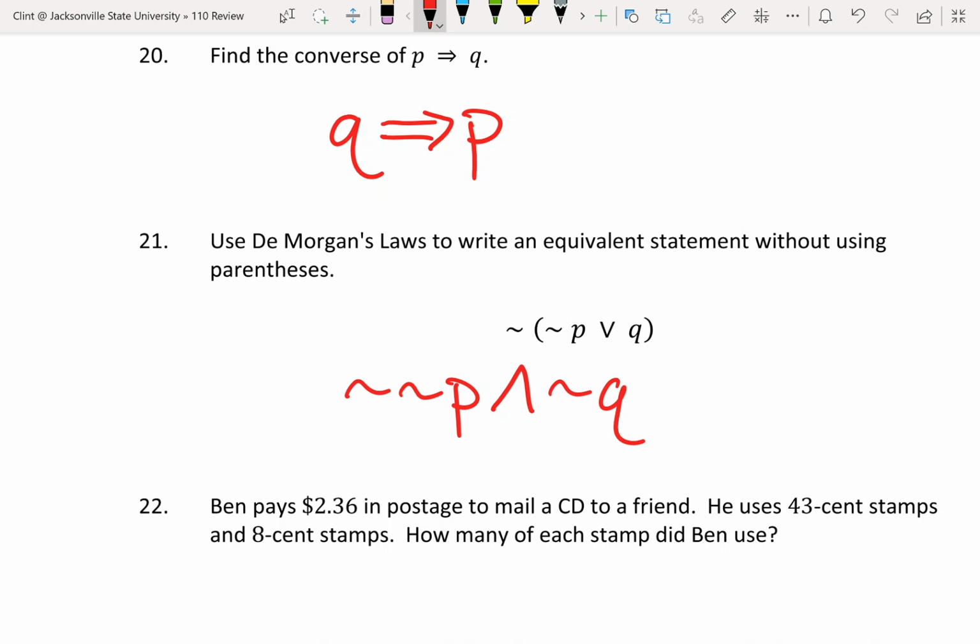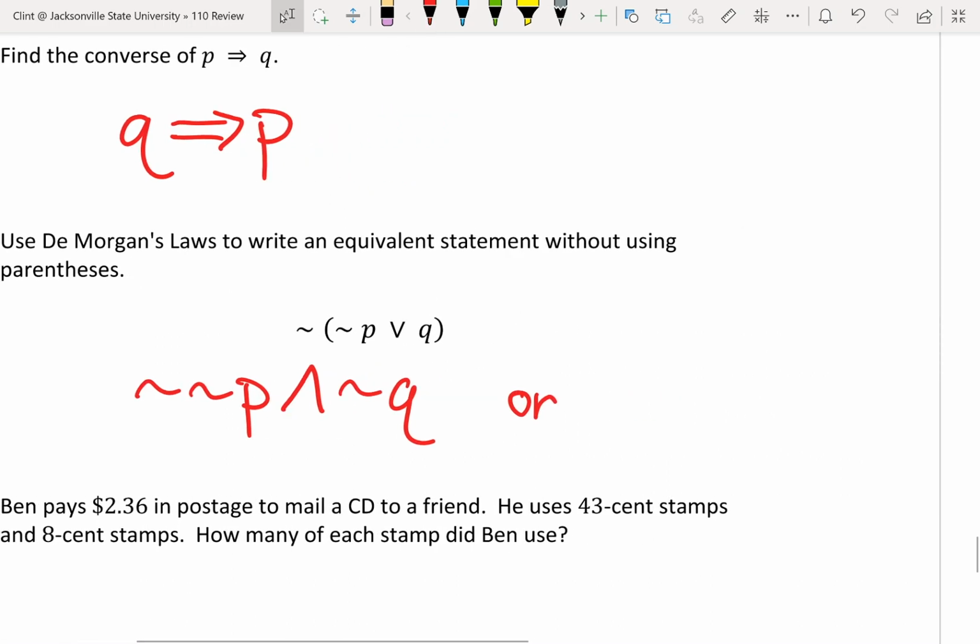And that's technically correct. Or if we kind of wanted it simplified, the two squiggles, we could say those cancel out. On this particular one, it doesn't say to do the simplest form or anything like that. So either one of those is okay. Questions on that one?